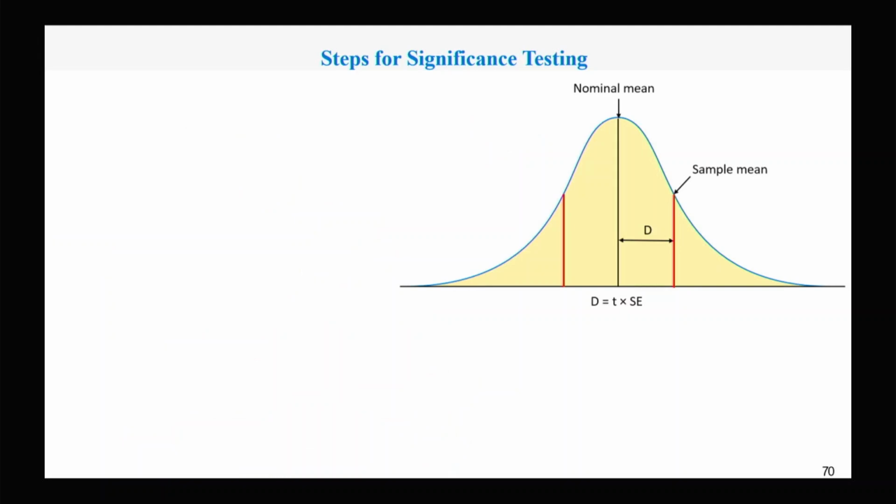Now the first objective of this, whatever we have done till now, is a basic understanding before we do the sampling analysis. Now the significance test, because we have discussed there are two objectives of sampling analysis. One is the test of significance, another is the confidence interval, confidence level.